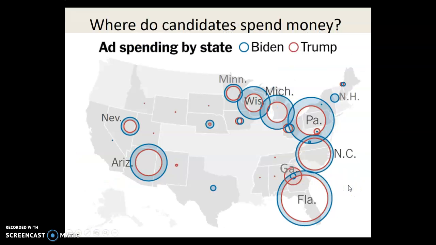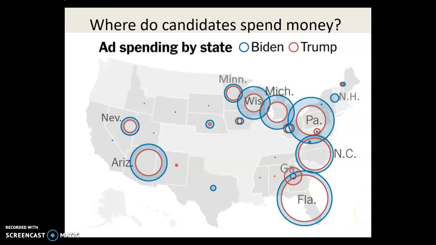And as a result, this is how the campaign spending shakes out. The blue circle represents the amount of money spent by the Biden campaign. The red circle, the amount of money spent by the Trump campaign in the last election. Biden raised more money, so he spends more money in all of these states for the most part, with the exception of Georgia and maybe Maryland there, I'm not sure.